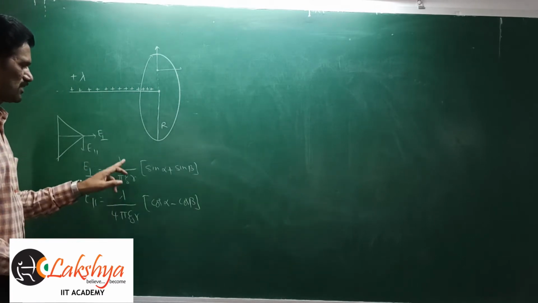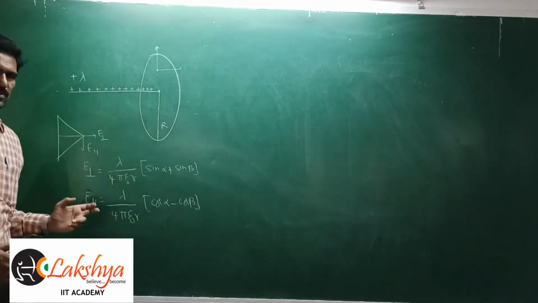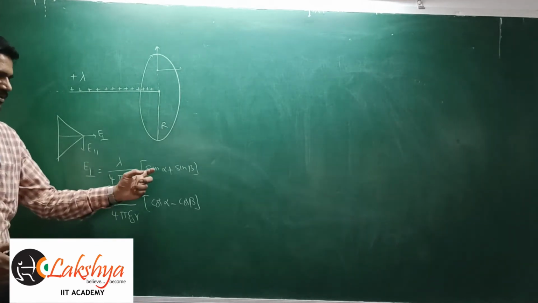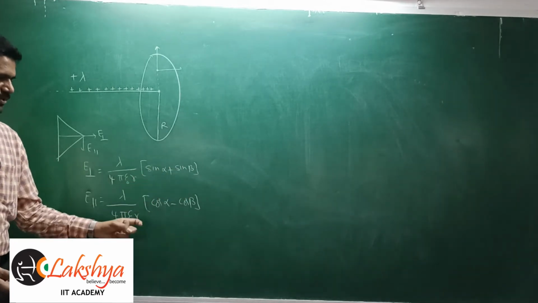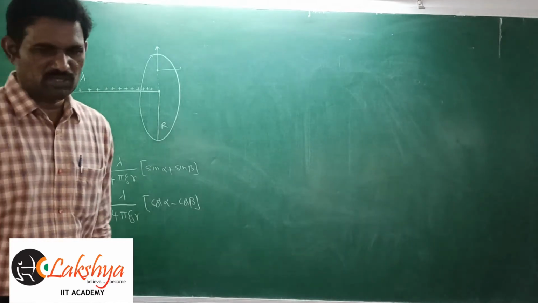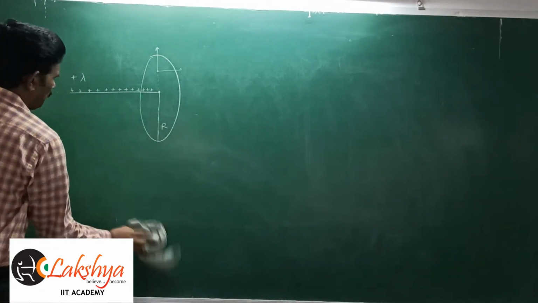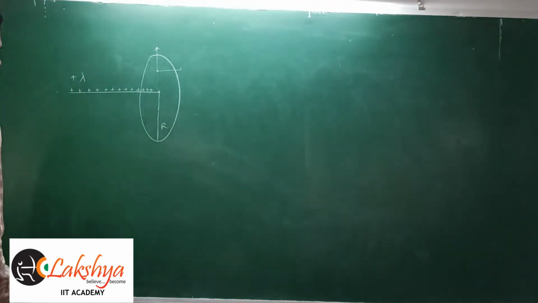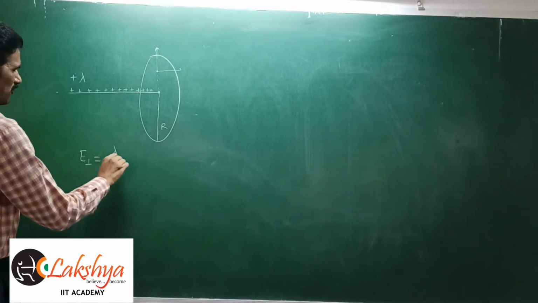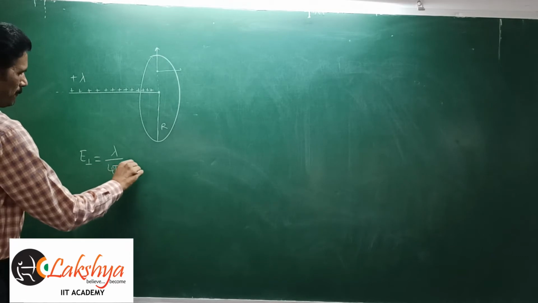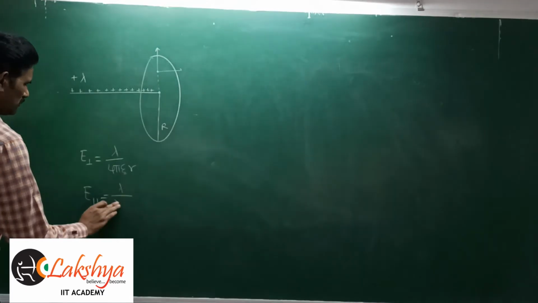So from this we can write lambda by 4 pi epsilon naught. Taking alpha as 0 degrees and beta as 90 degrees, we get 1 here and 1 there. So the perpendicular component of the electric field is lambda by 4 pi epsilon naught r, and the parallel component is also lambda by 4 pi epsilon naught r.